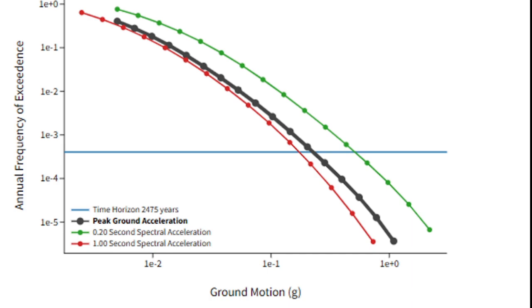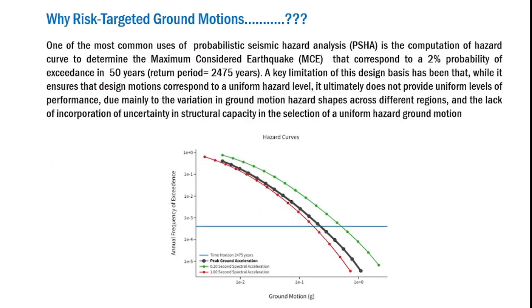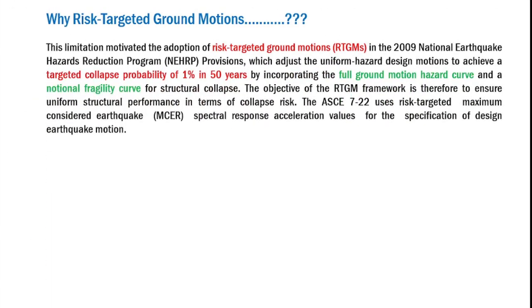Considering that these hazard curves do not truly represent the performance of the structures, we need to move to the risk-targeted ground motions.